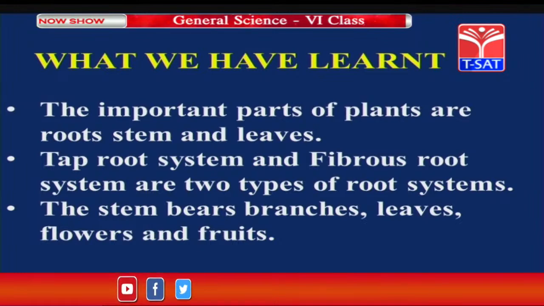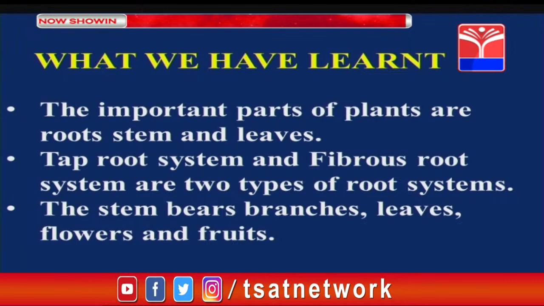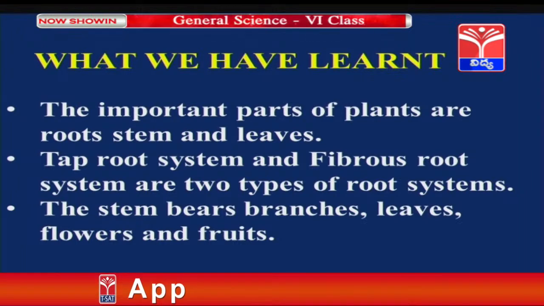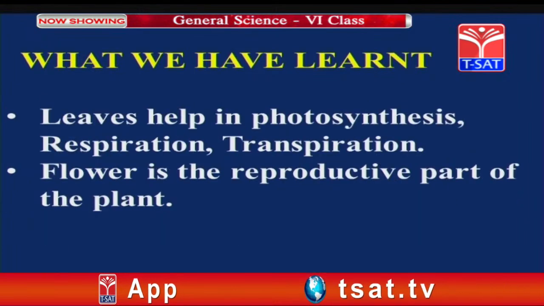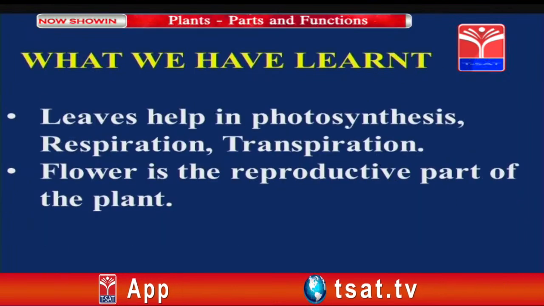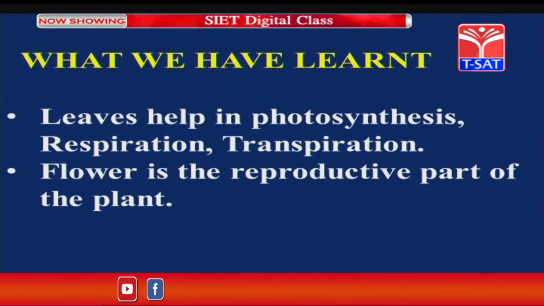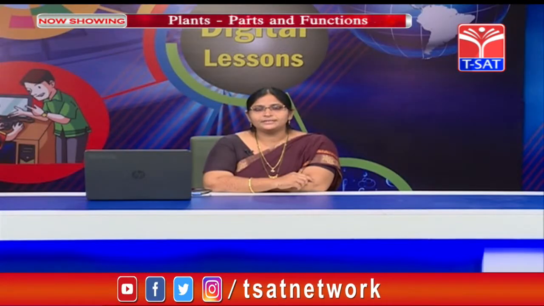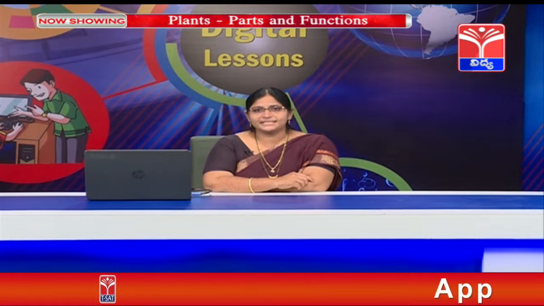Taproot system and fibrous root system are the two types of root systems. The stem bears branches, leaves, flowers and fruits. Leaves help in photosynthesis, respiration and transpiration, and the flower is considered the reproductive part of the plant. Hope you have understood the topic, children.